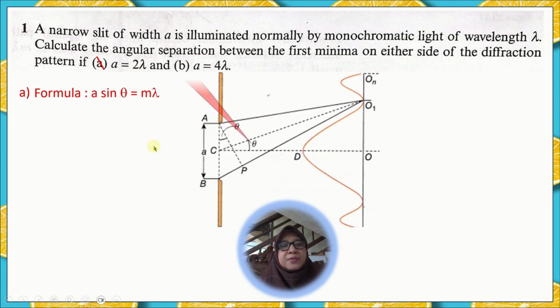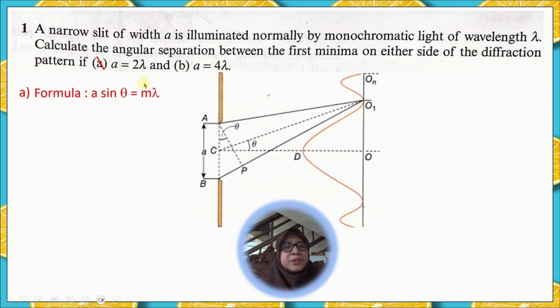Okay, so now for the angular separation theta, from the given diagram, this is the angular separation, and the first minima is here. This is the central bright maximum. So the first minima will be here, which is m equals 1, and the separation of the slit is a.